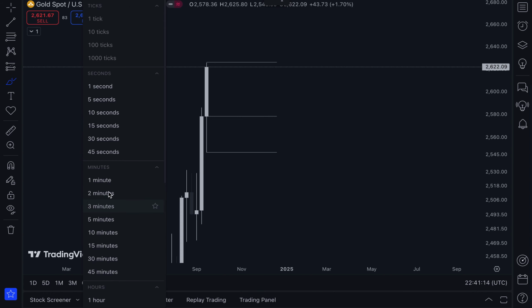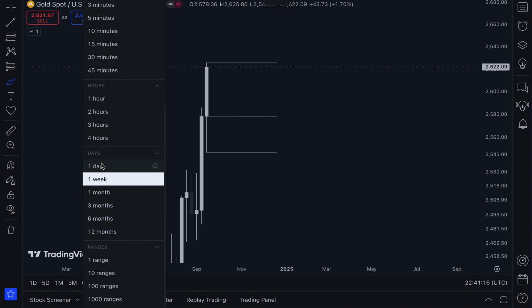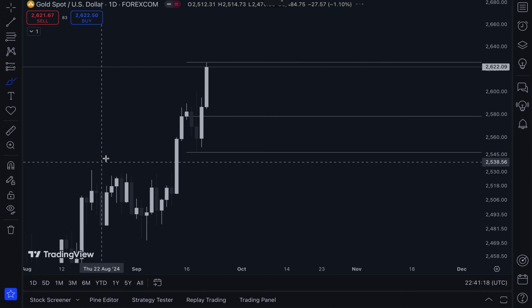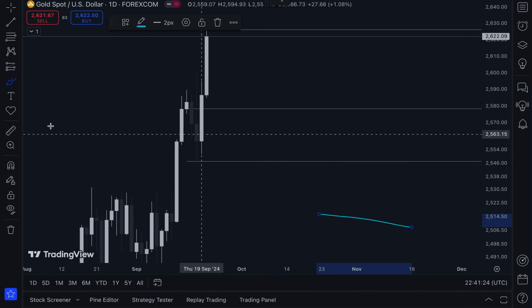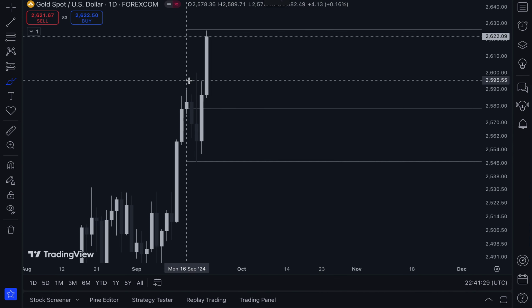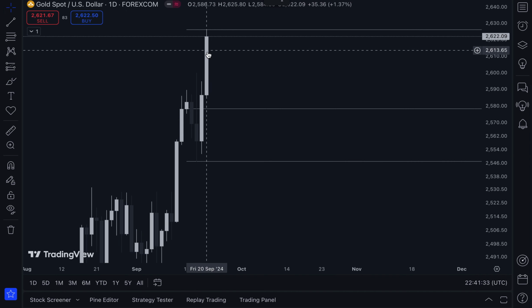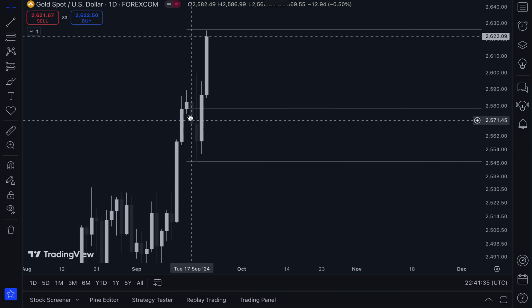So if you go on the daily time frame, which is going to be our point of departure for this analysis, you will realize, okay, this is now on the daily time frame. Now remember that on the daily time frame, we will have to count 5 candles backwards. Okay, so it's 1, 2, 3, 4, 5.